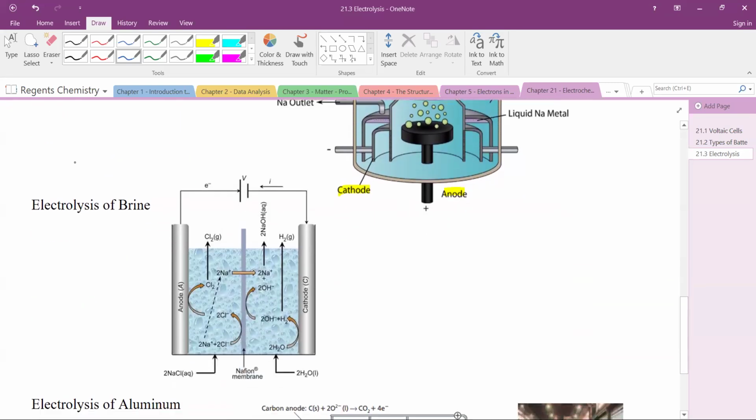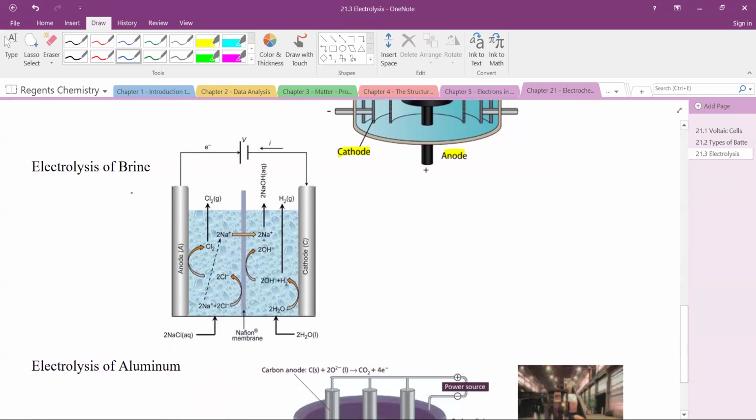We also can use electrolysis to produce some valuable materials from brine. Brine being very salty water. So you can see in this brine setup, we have our anode on the left, we have our cathode on the right. And so the electrons are going from anode to cathode here. And we start with dissolved sodium chloride. So we have sodium chloride in water.